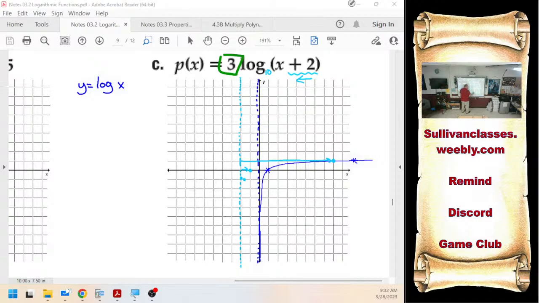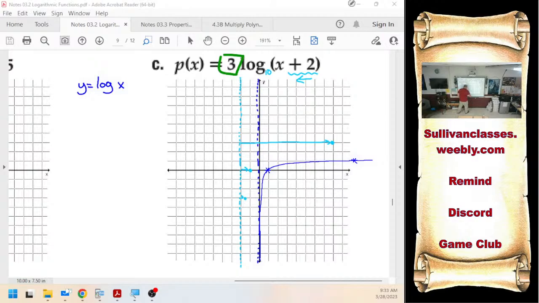So what I'm going to do is take this and move it 3 times higher. I'm going to take this and move it 3 times lower. So my points are negative almost 2, 1 and 9/10, negative 3, negative 1, 0, and 3, 8. Because now the vertical distance between these power values is 3 instead of 1. It's 3 times taller.